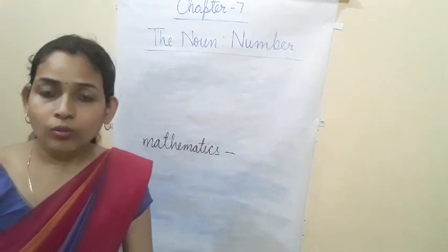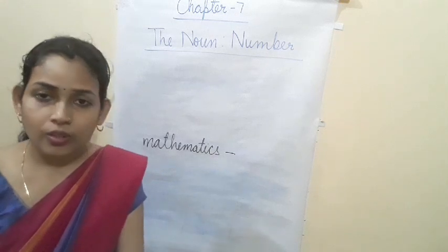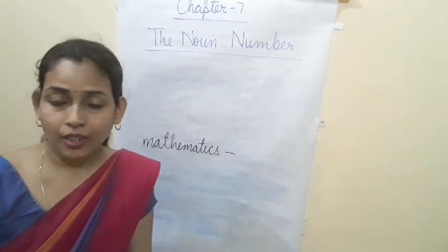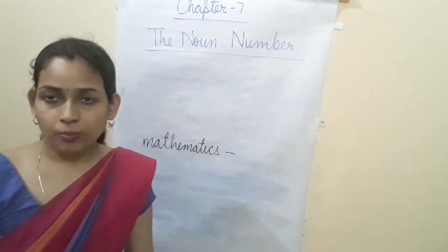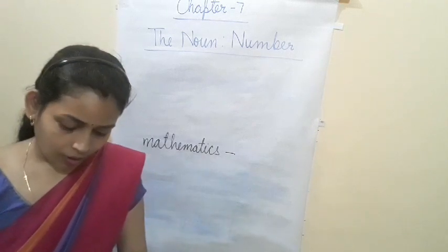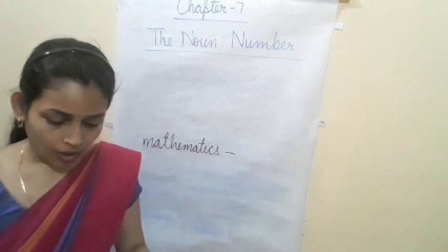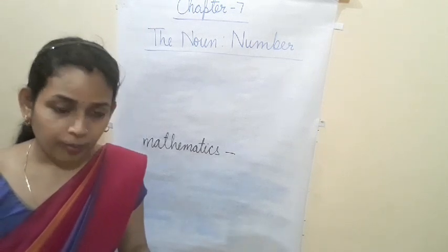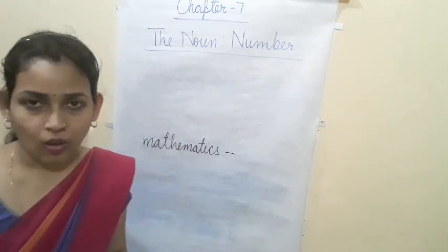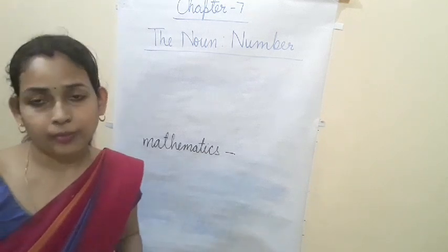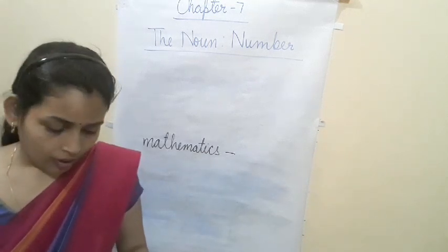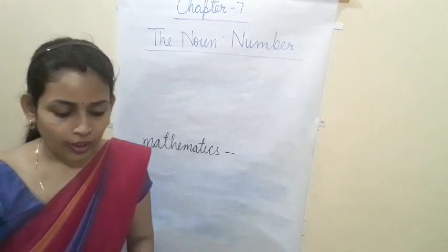Some nouns remain the same in singular and plural both, and you should know those. Some nouns like man, men, child, children, ox, oxen make the plural in a different way. Clear?